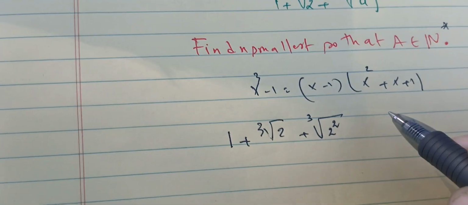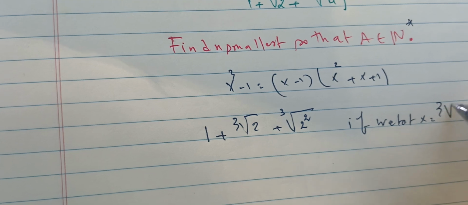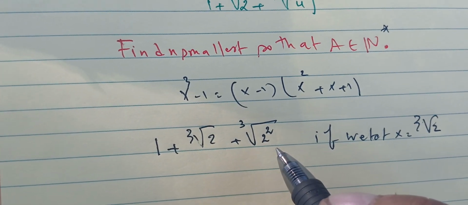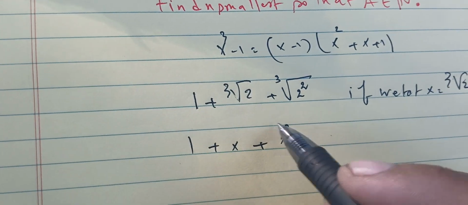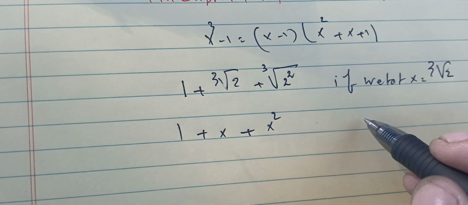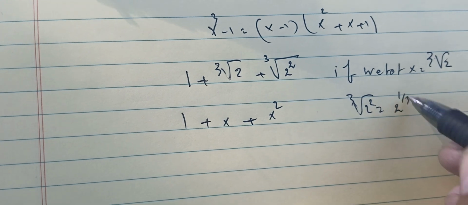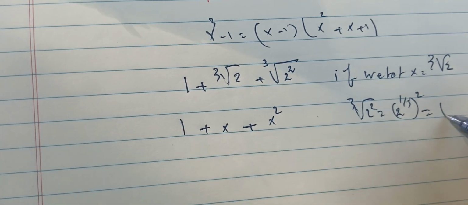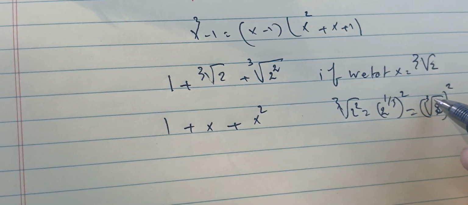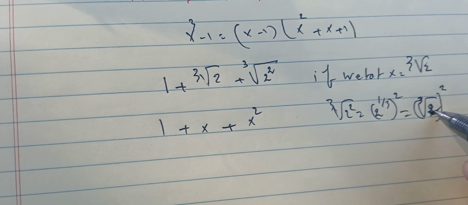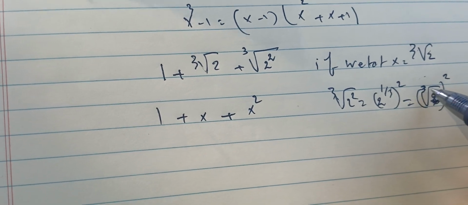If we let x be the cube root of 2, we see that we can write this as 1 plus x plus x squared, because the cube root of 4 is 2 to the power 2/3, the cube root of 2 squared, which is x squared.